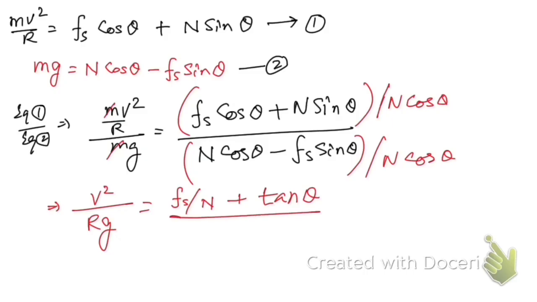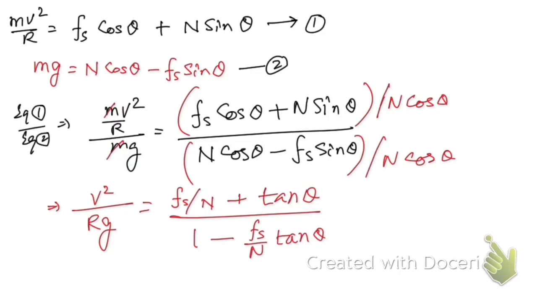Divided by, again, n cos theta by n cos theta, that's going to be equal to 1 minus Fs sin theta by n cos theta, that's going to be Fs by n tan theta. That's what we have got, right?